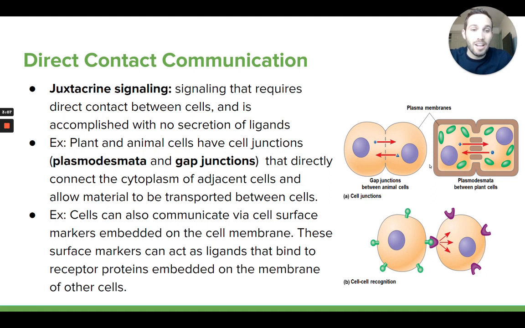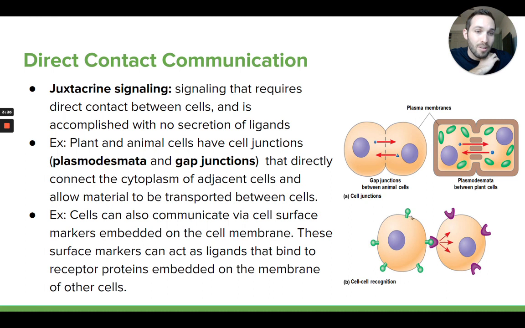Another example of juxtacrine signaling is when a cell has certain molecules embedded on its cell membrane that can bind directly to receptor proteins on another cell. In this picture, you can see a cell that has certain membrane receptor proteins, and the signaling molecule that's going to bind to that receptor protein is embedded on the cell membrane of another cell.